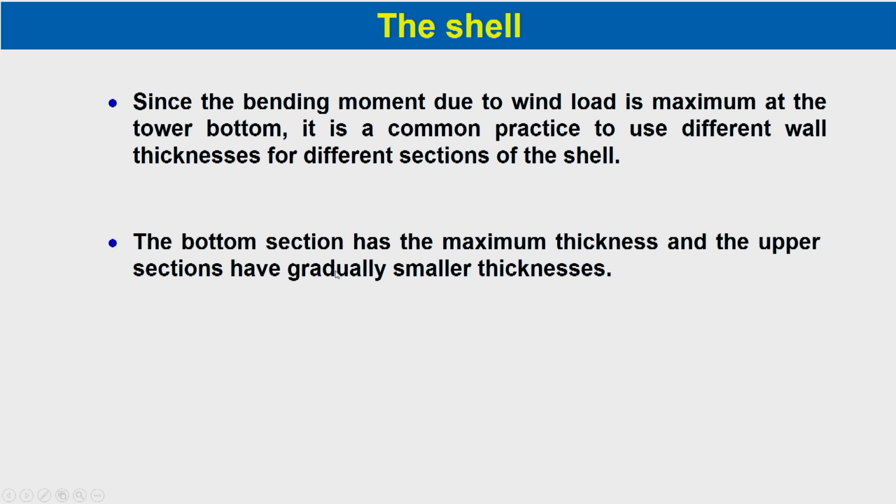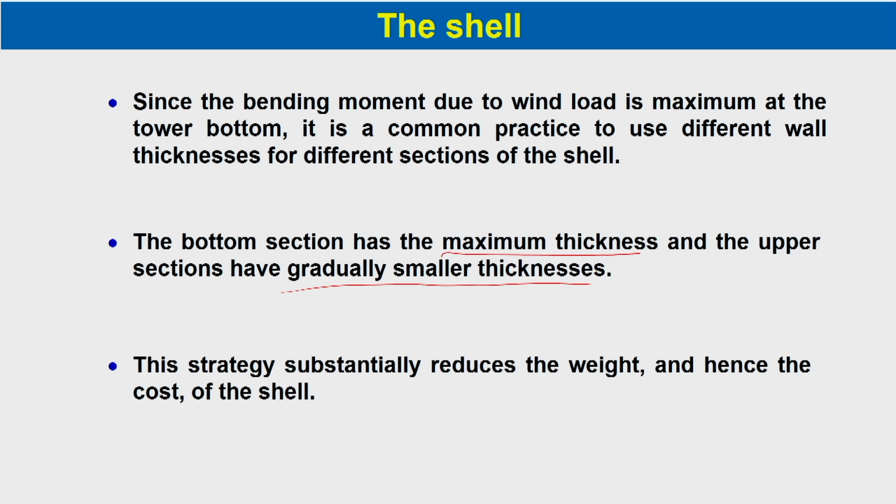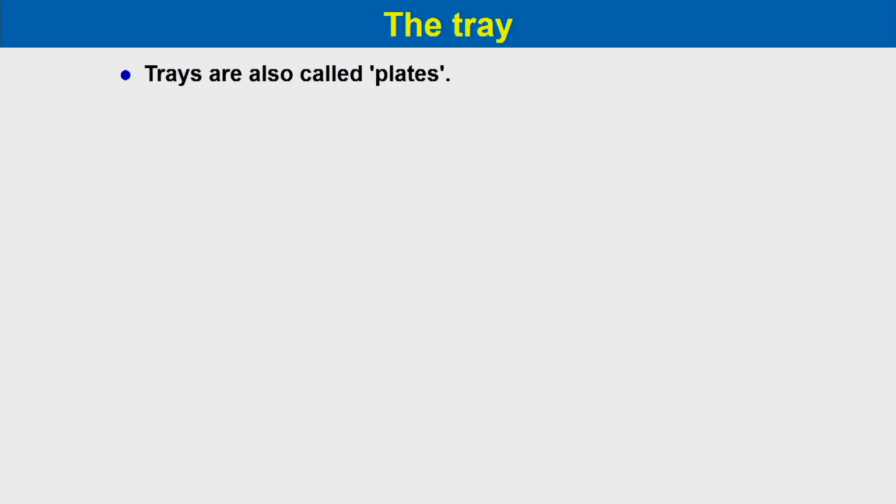The bottom section has the maximum thickness, whereas the upper section has gradually smaller thickness. This strategy substantially reduces the weight and hence the cost of the shell. So, these are very much required. Instead of making the thickness uniform throughout, it is better to design as per the requirement. Trays are also called plates.